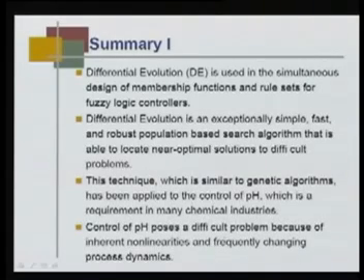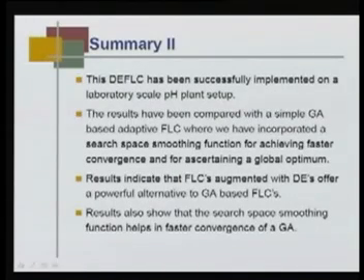Control of pH poses a difficult problem because of inherent nonlinearity and frequently changing process dynamics. The DE-FLC has been successfully implemented on a laboratory scale pH plant setup. The results have been compared with simple GA based adaptive FLC, where we have incorporated a search space smoothing function for achieving faster convergence and for ascertaining a global optimum.